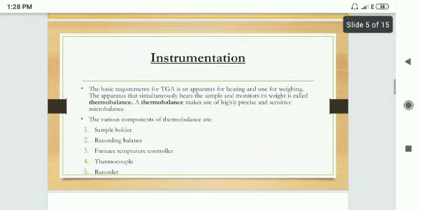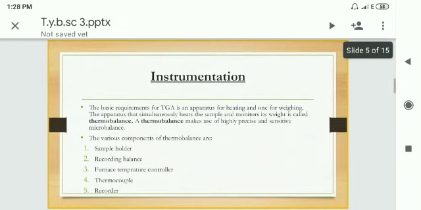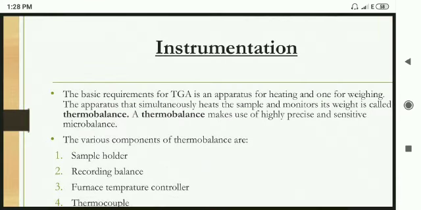Instrumentation of thermogravimetry analysis. The basic requirement of thermogravimetry analysis is an apparatus for heating and one for weighing. The apparatus that simultaneously heats the sample and monitors its weight is called a thermobalance.